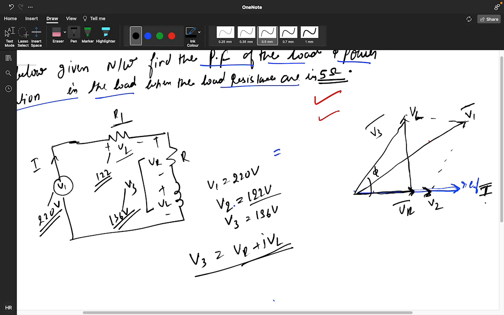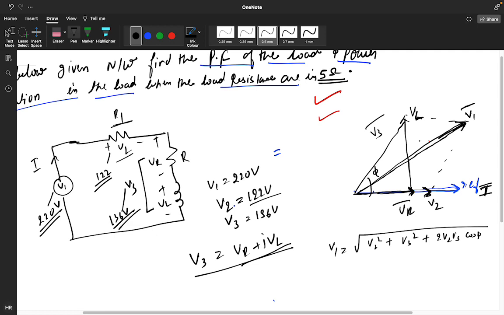So what are we getting from here? Here we get one important result: V1 is equal to root under V2 square plus V3 square plus 2 V2 V3 cos phi. V1 is this one.